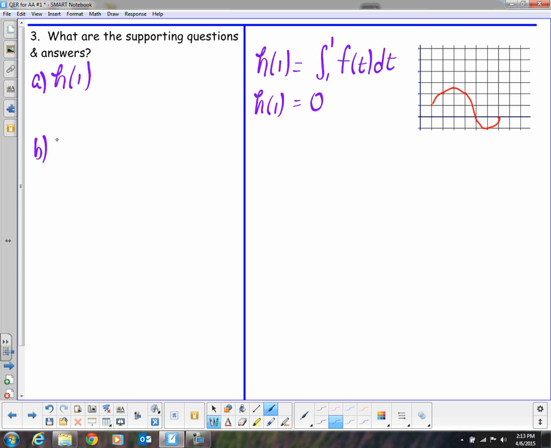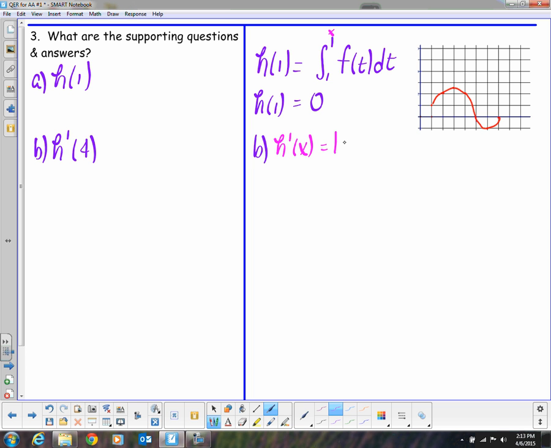Okay, the second part, did they ask us to justify? It says no. So now I want to find h prime of 4. And again, it's so important that you all actually do the derivative of this integral. So the derivative of the integral, if you recall, this was an x before we substituted.